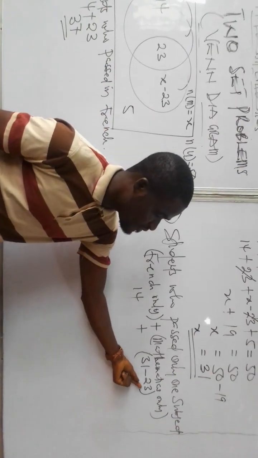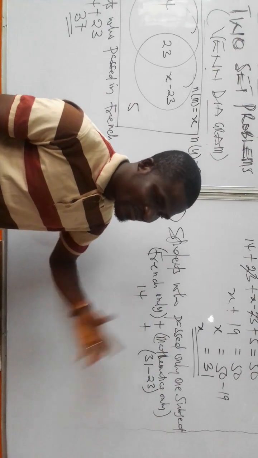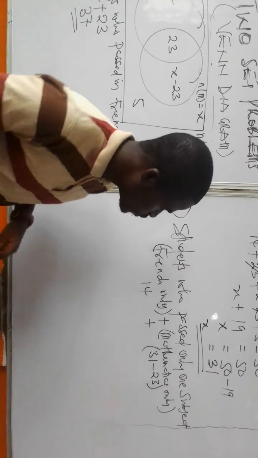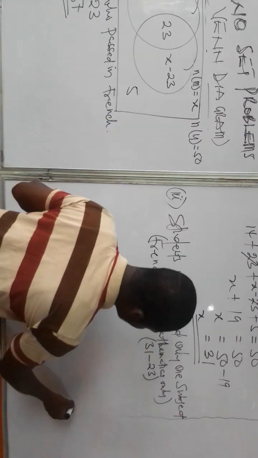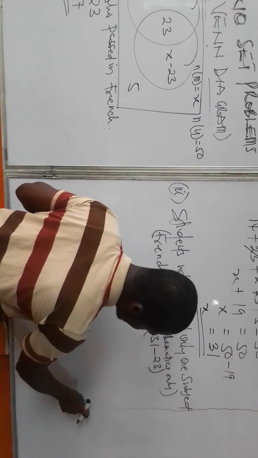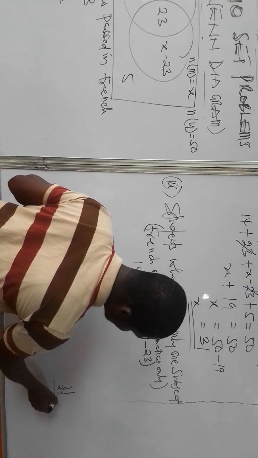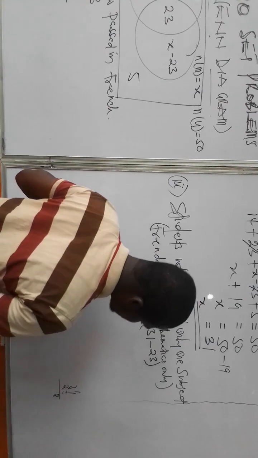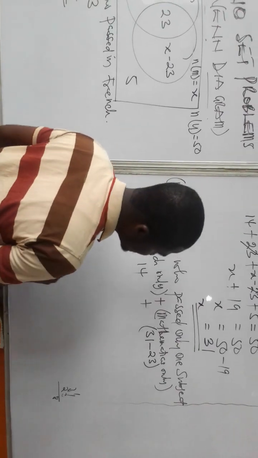When you subtract both subjects from those who passed mathematics, that will give us maths only. So 31 minus 23 will give us 8.